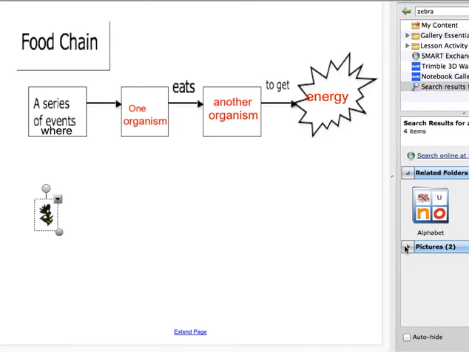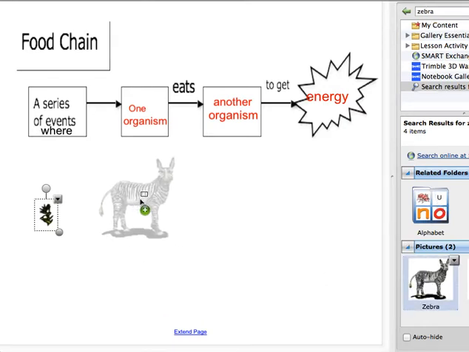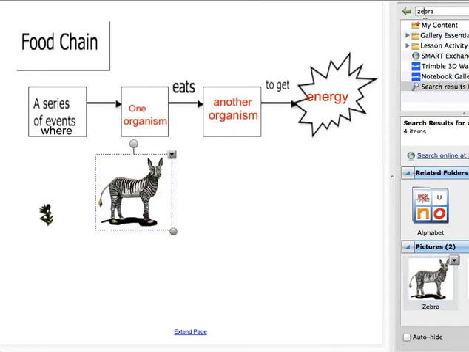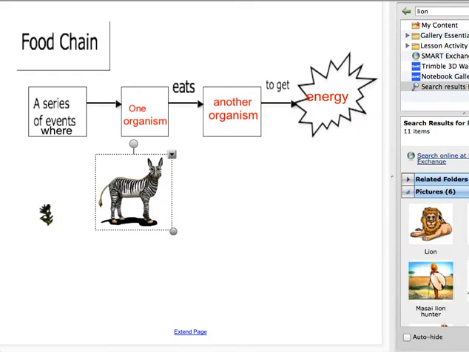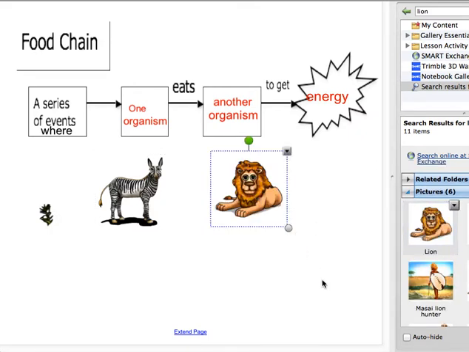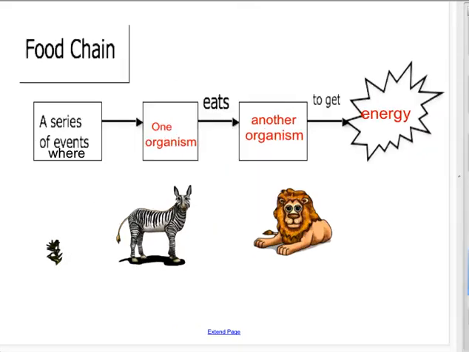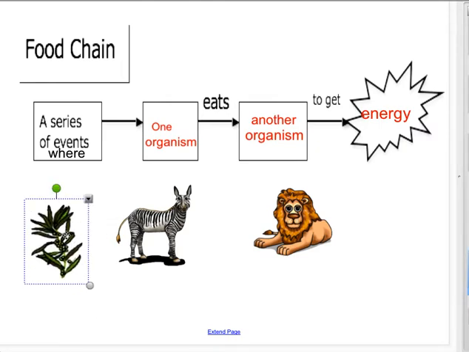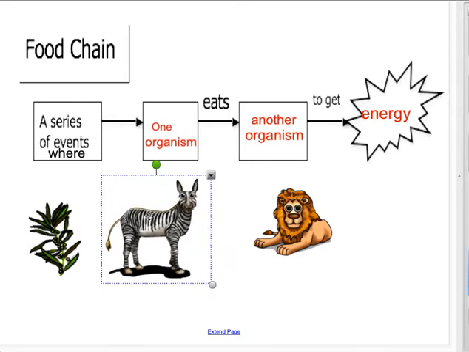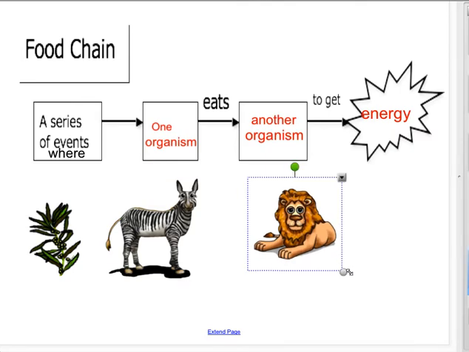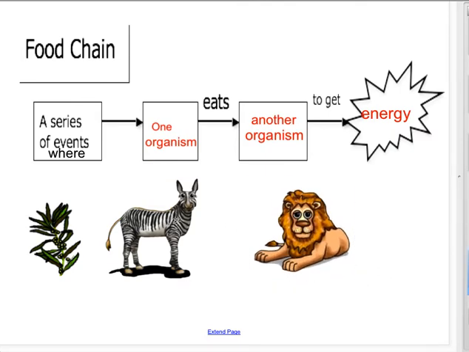Where's my zebra? There he is. And the zebra gets eaten by the lion, and the energy flows in that way. It came from the sun, the plant used it to make glucose, the zebra chomped on it to get the energy, and the lion had lunch on the zebra.